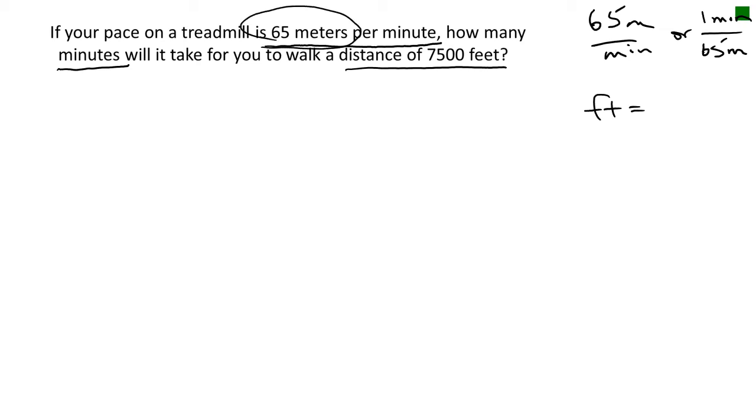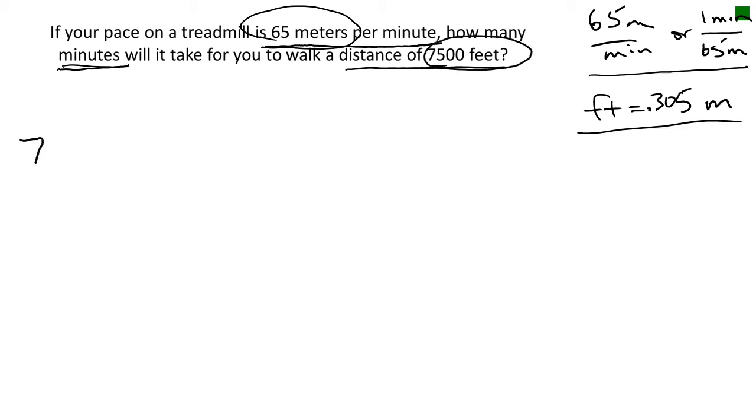So I've got to go from feet into meters and then use my meters into minutes to get units of minutes at the end. Well, I can look this up and discover that there are 0.305 meters per foot. This is going to be another conversion. So I have 2 conversions and I have a measurement.